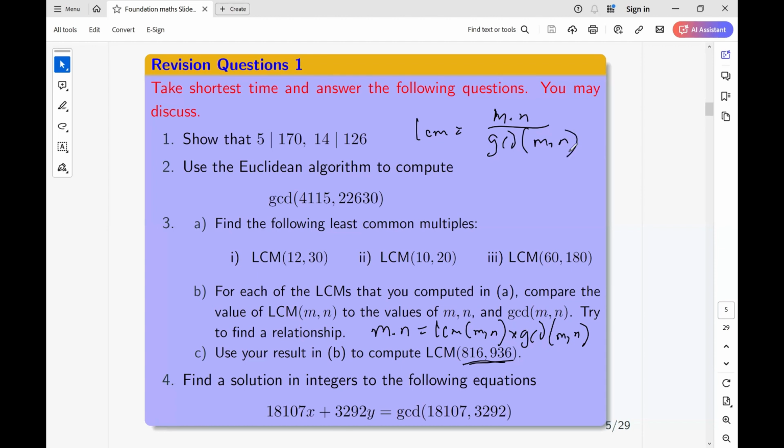So that is what they want us to do. In other words, they just want us to find the GCD and then the product and get the LCM. So let's go straight to find the GCD. It is 816 and 936. The GCD of 816 and 936.